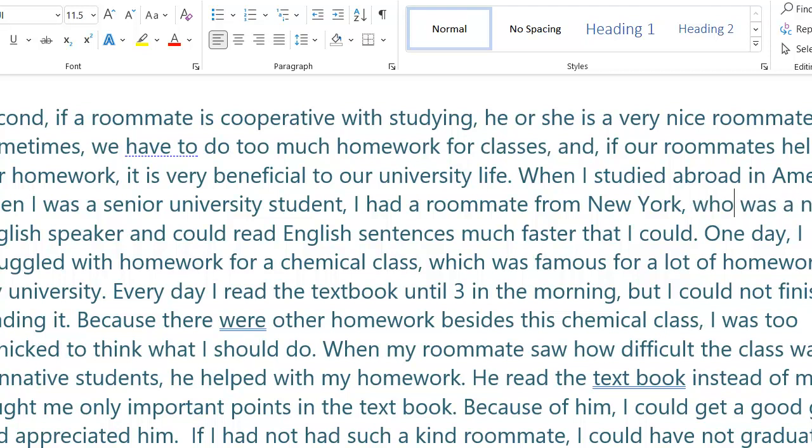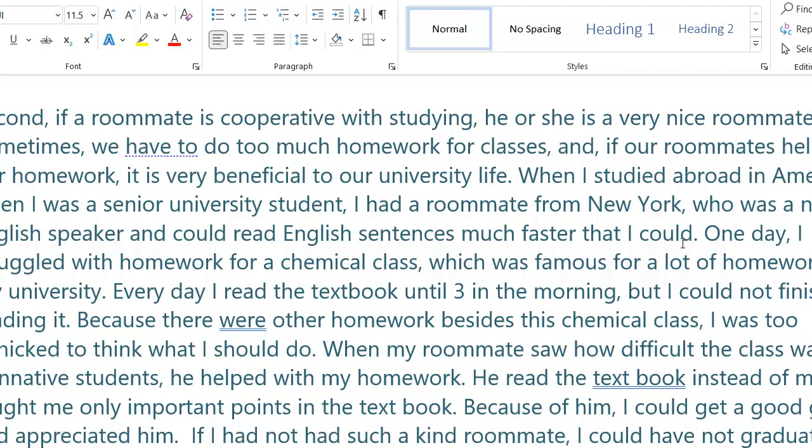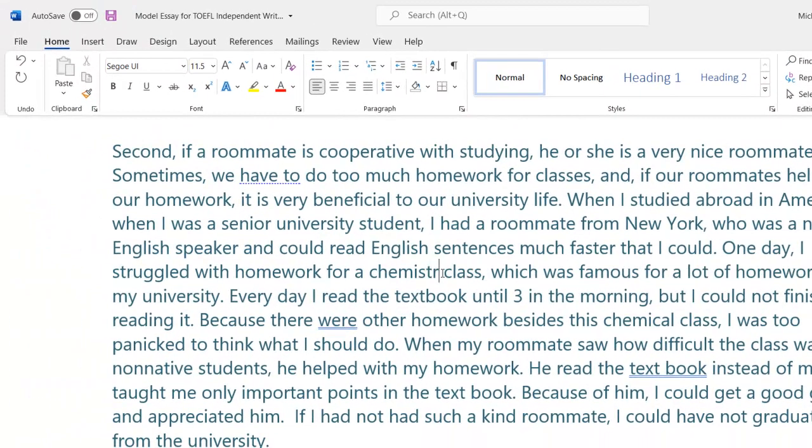Who was a native English speaker and could read English sentences much faster than I could. So notice here we have about 36 words in that sentence. That's going to demonstrate some syntactic variety. One day I struggled with homework for a chemistry class, not chemical class, which was famous for a lot of homework.